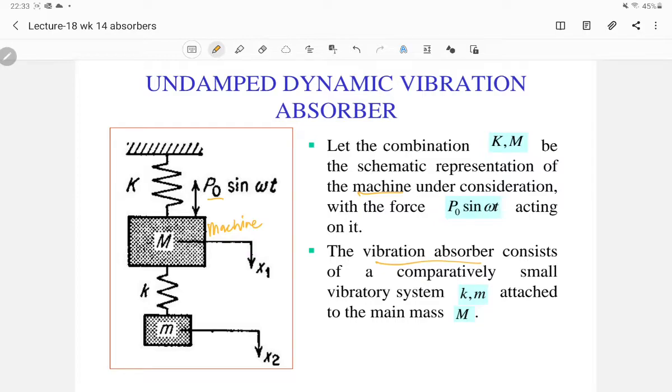Sometimes we call it also m_a, with a stiffness of k_a. So originally the machine itself is a single degree of freedom system. When you attach the absorber, it becomes a 2 degree of freedom system.